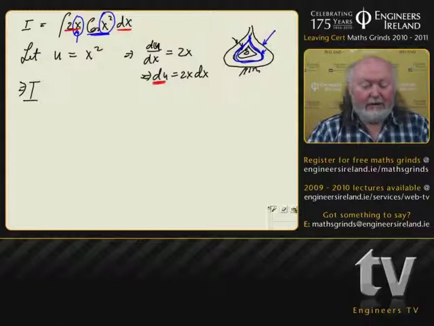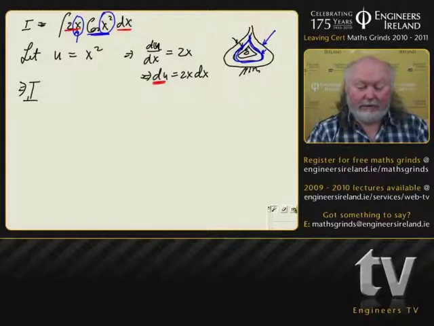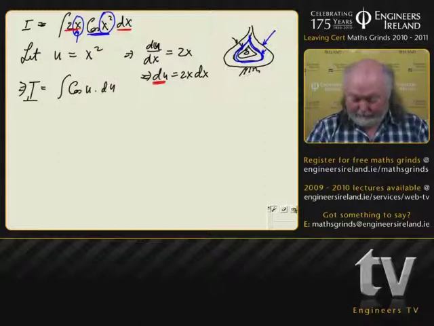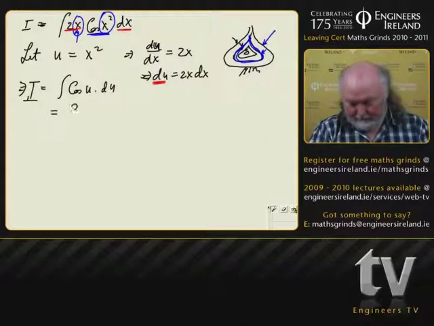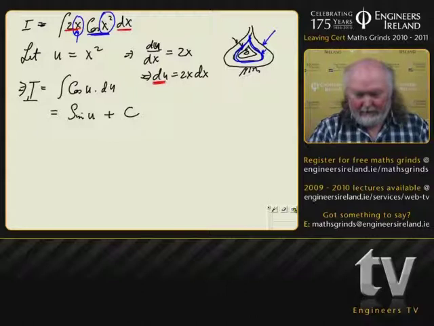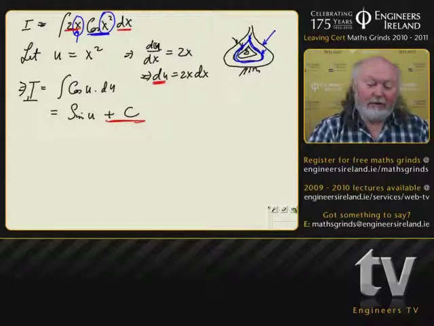That implies that the integral I, because up here we've named it, which makes life easy for us down here, is now going to be the integral of cos u du, which is sin u, plus c because we do not have limits.